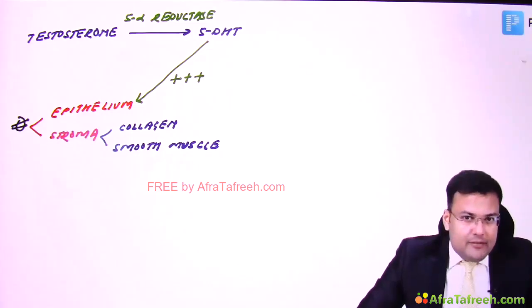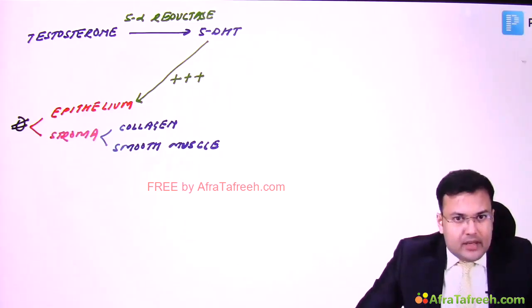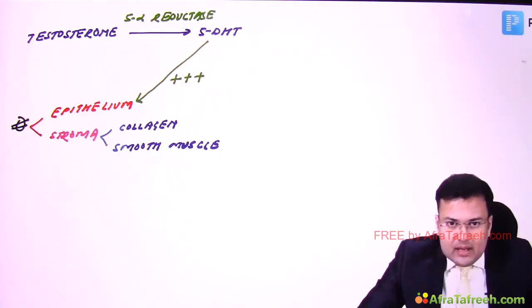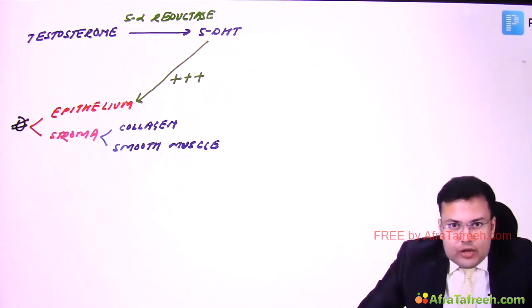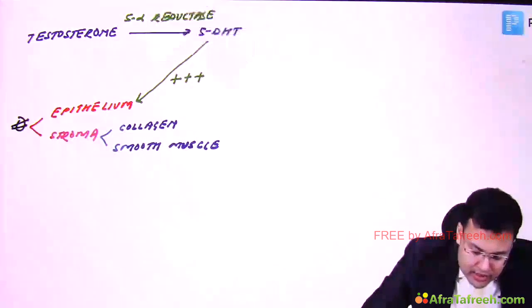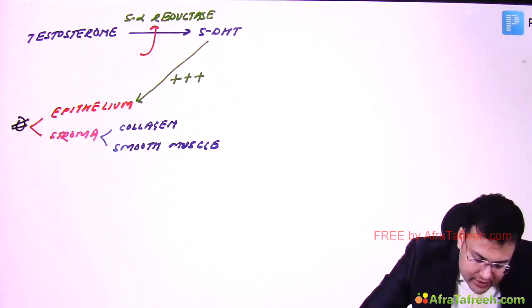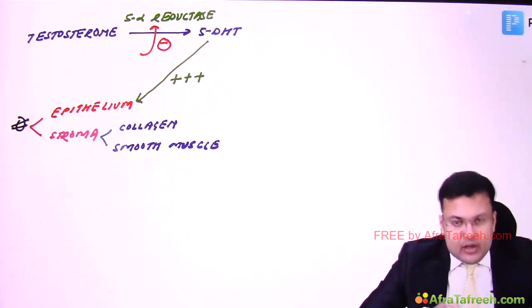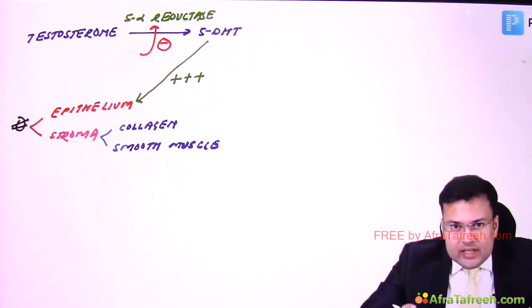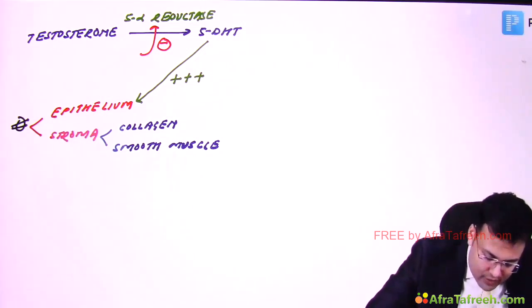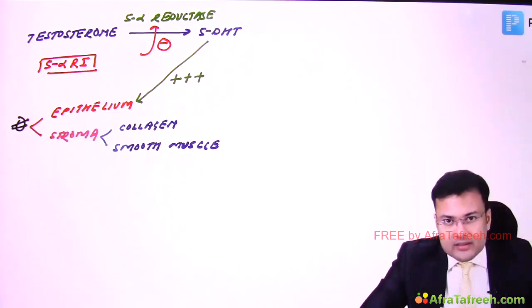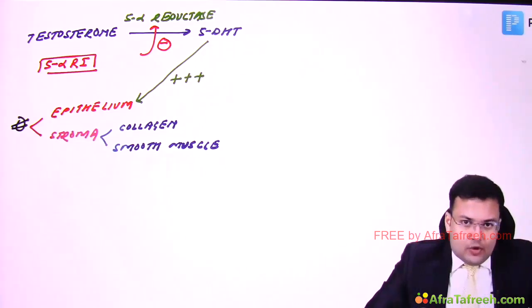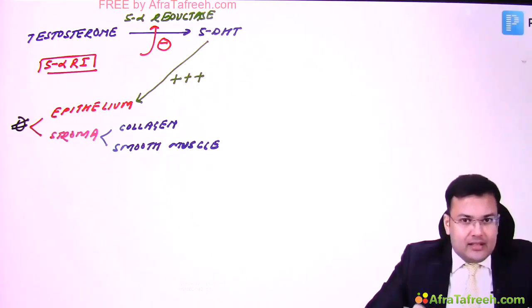Now see, if in BPH the epithelial component is major, in that case what can you use? A drug which can inhibit what? 5-alpha reductase. So if epithelial component is predominant, in those cases we can use 5-alpha reductase inhibitors. Clear? Second principle, prostatic stroma has rich adrenergic nerve endings.